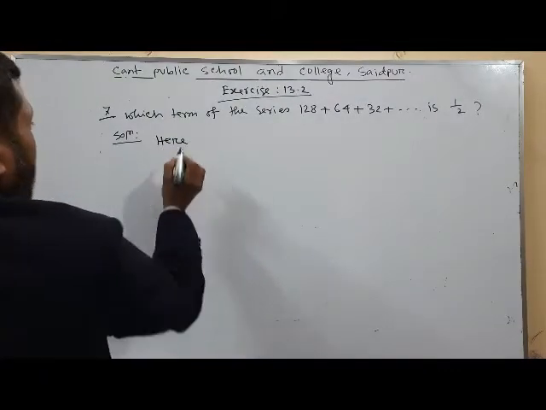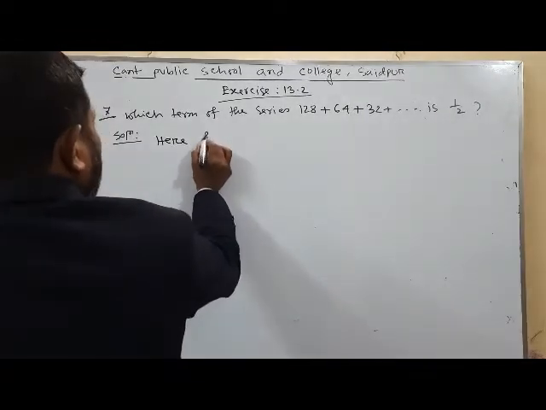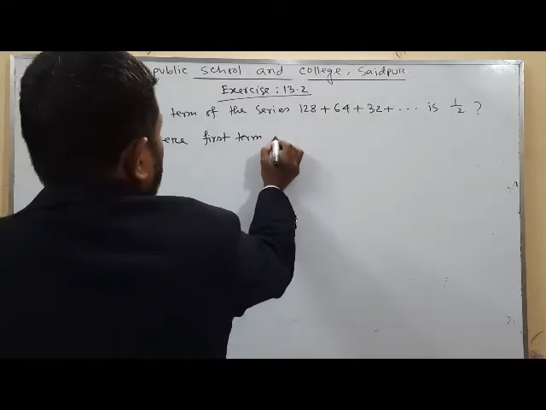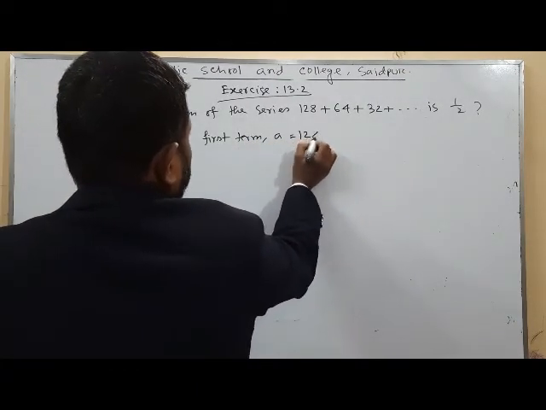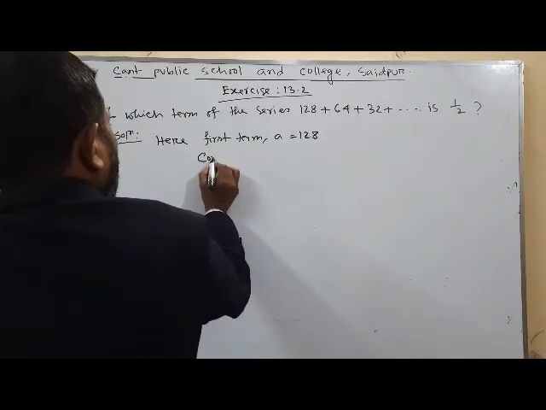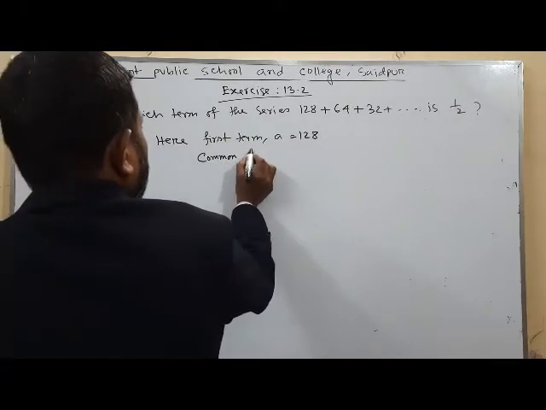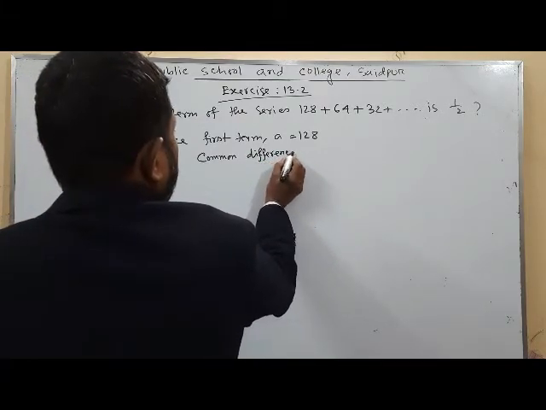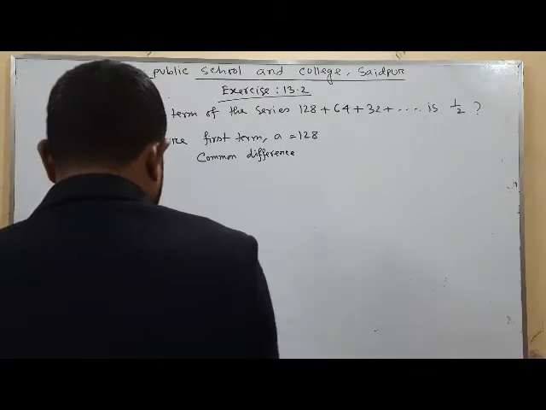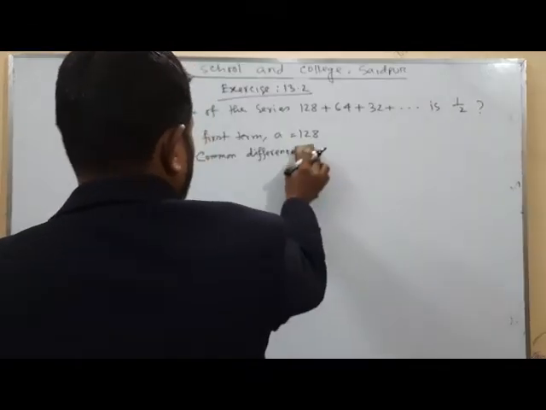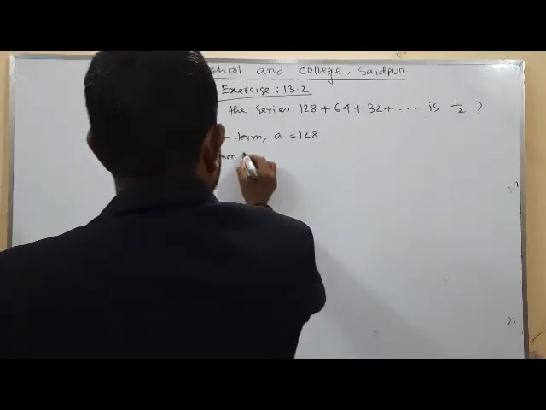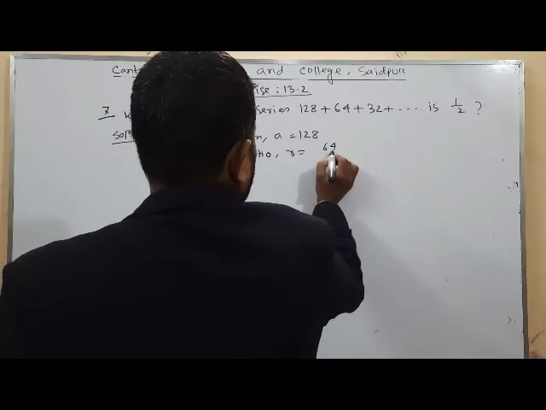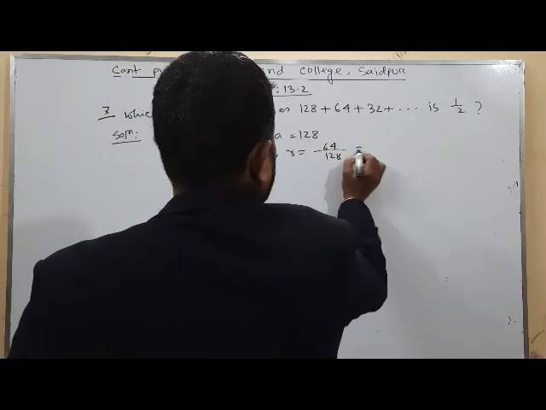So here the first term a is equal to 128, and the common ratio r is equal to 64 divided by 128, a half.